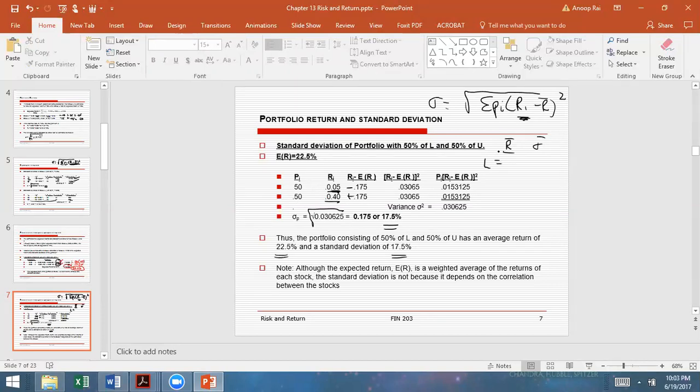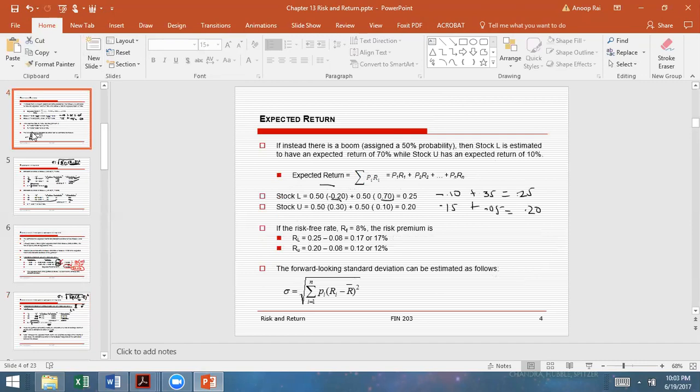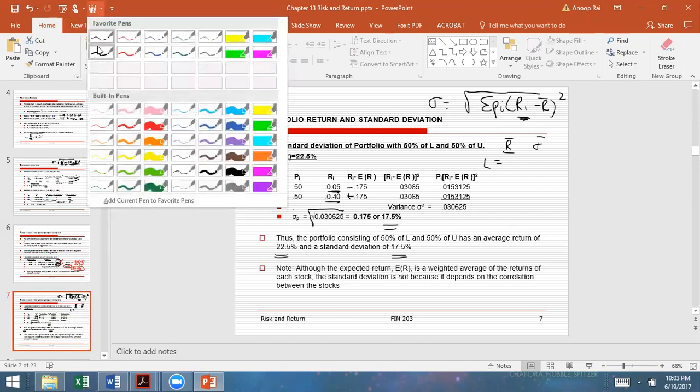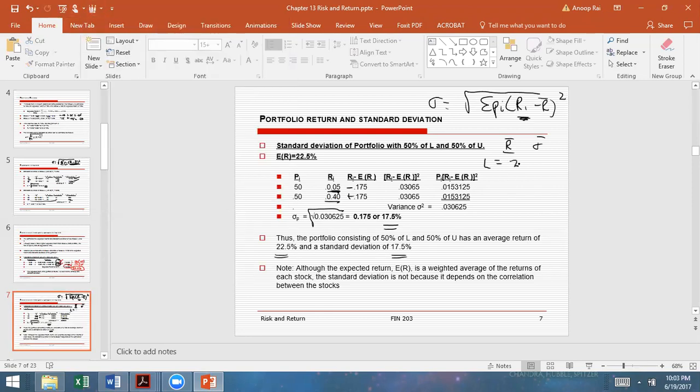geez, I already forget. Return was 0.25. Standard deviation was 0.40. U return was 20, standard deviation of 10. But LU, which is a portfolio of 50 and 50, the mean is 22.5, in between these two.